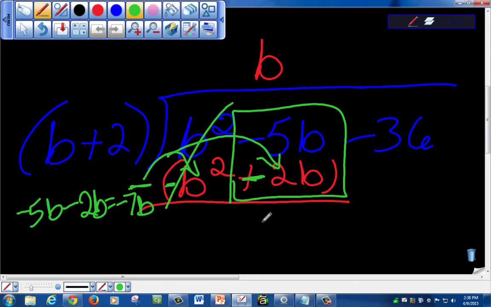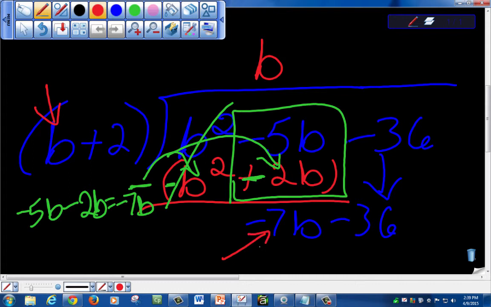So our output right down here is going to be the following: negative 7b. And after that step, what we have to do is bring down the negative 36. So the next portion that we have to do is the following. We have to figure out how to make this b again become just like this negative 7b.